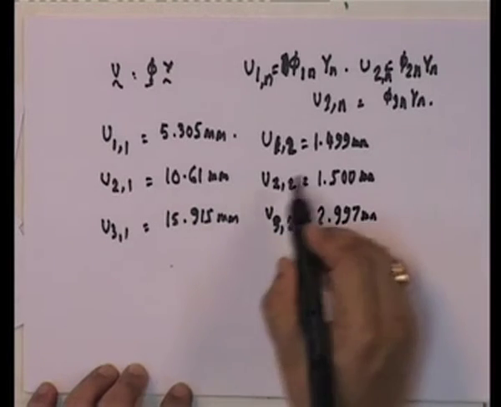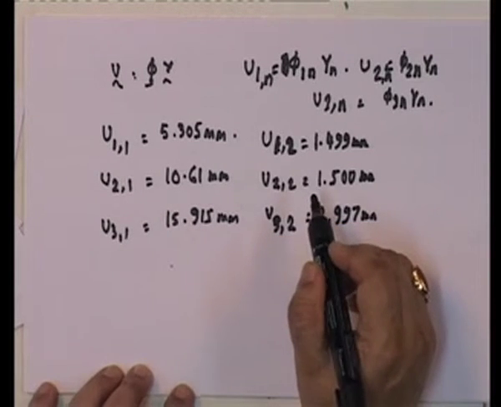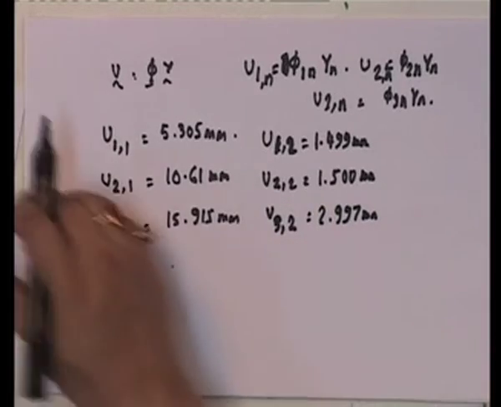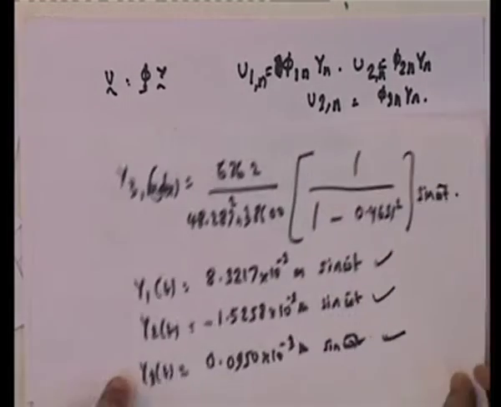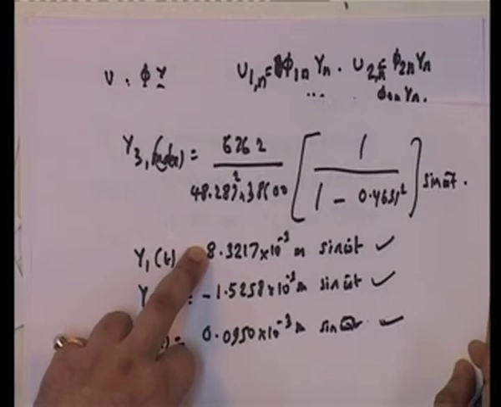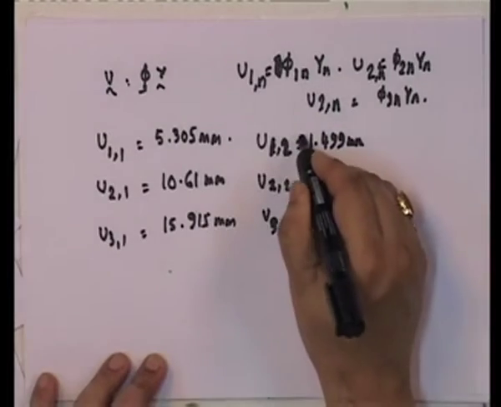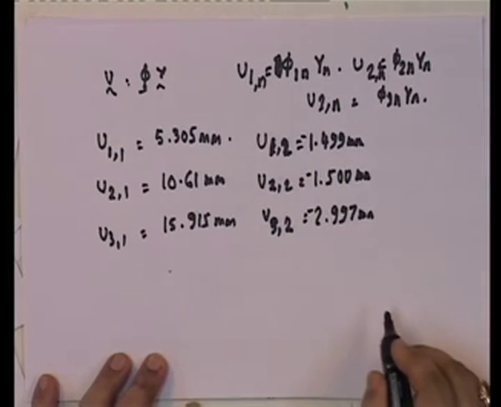By the way, please note that since this is plus, this is minus. So, when you are doing it with minus, what you get is that all of these are minus.